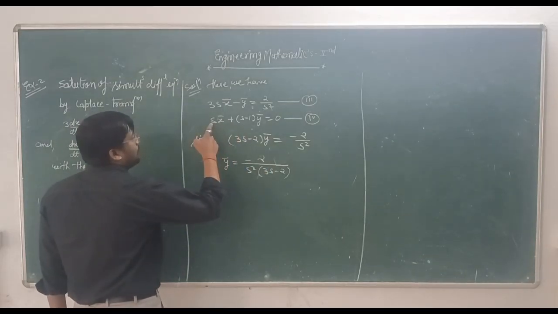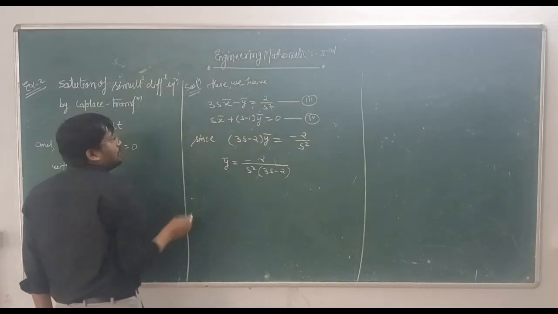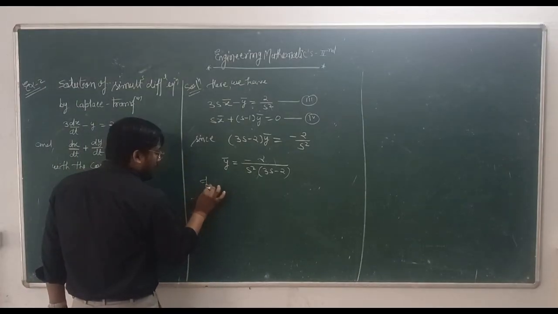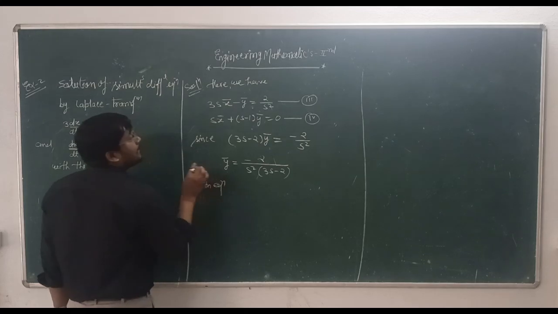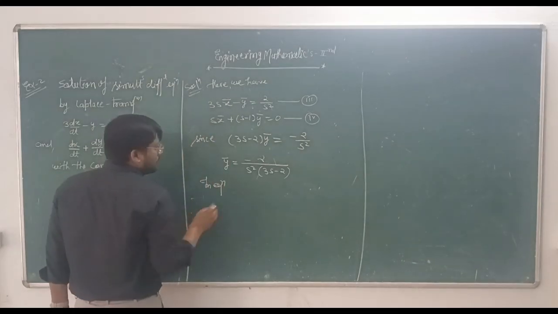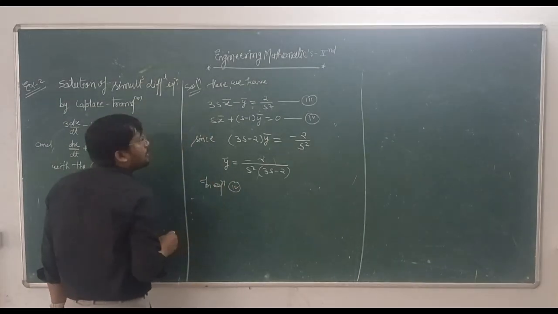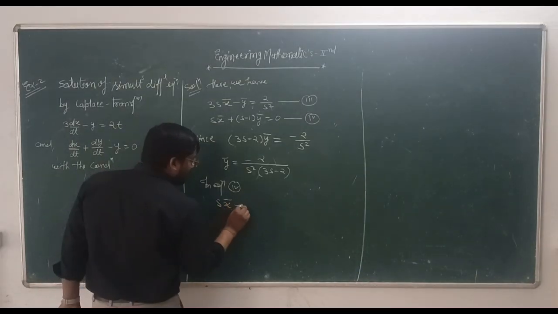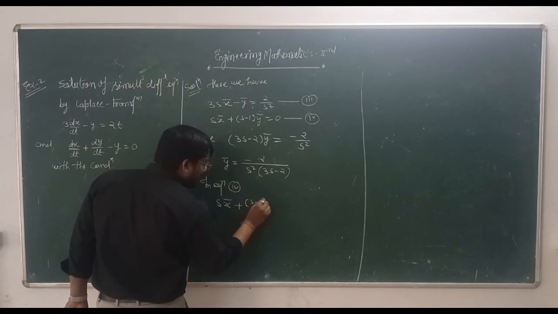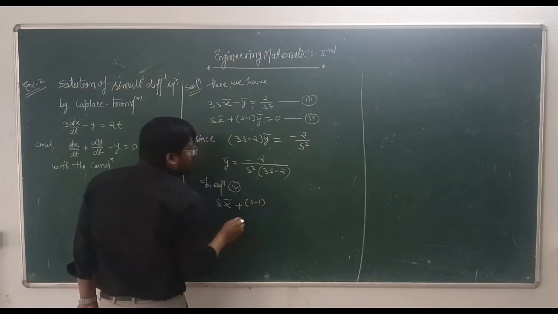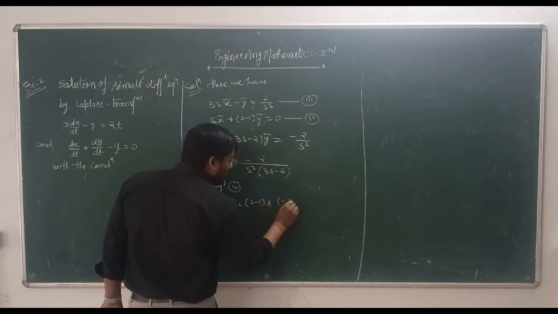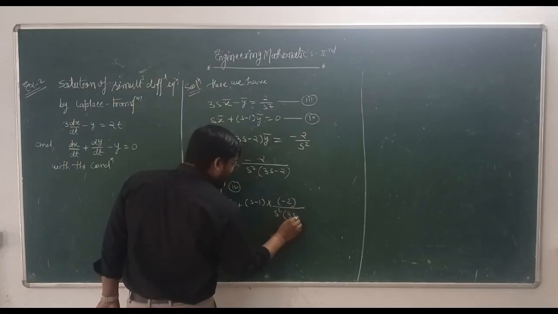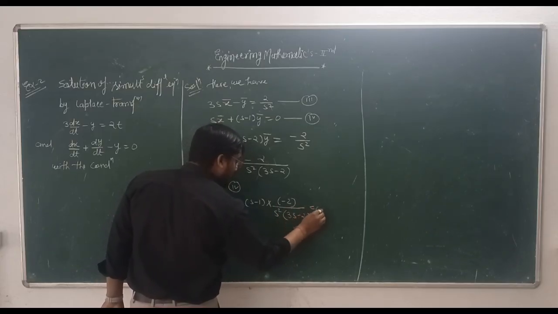If I multiply this value in this, now you can write in equation fourth, s Laplace of x plus s minus 1 into minus 2 upon s square 3s minus 2 is equal to 0.